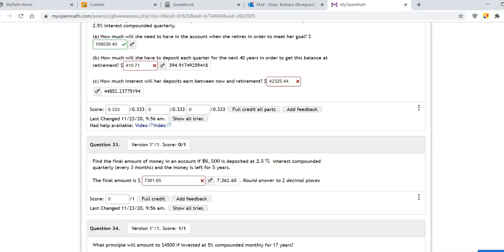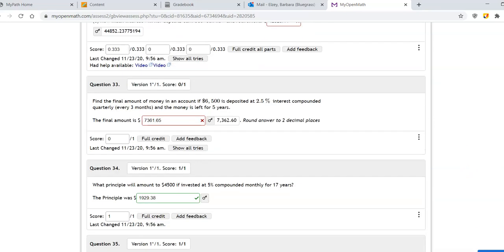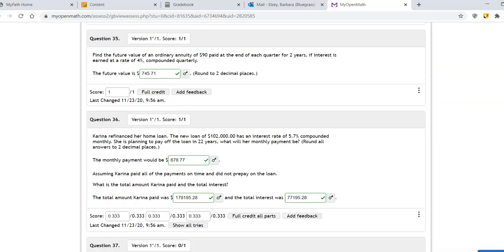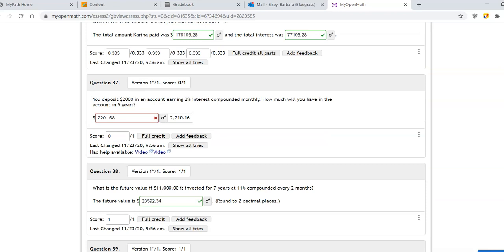Okay, so let's see what your next one was. Still have room on this video, perhaps, to do one more. So you deposit $2,000 in an account earning 2% interest compounded monthly. How much will you have in the account in 5 years? Again, this is our compound interest because we're only depositing one time.